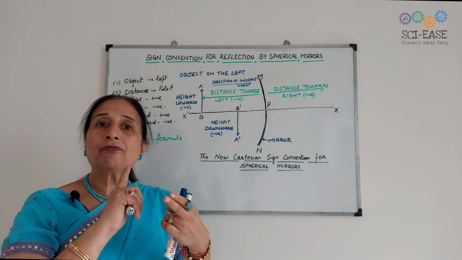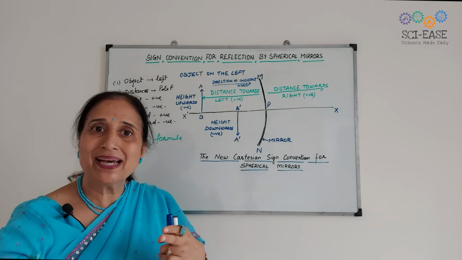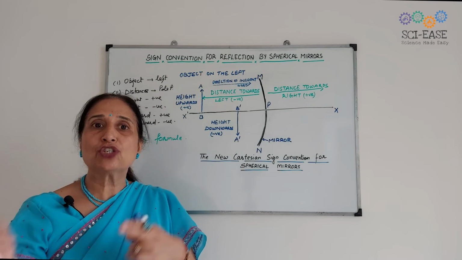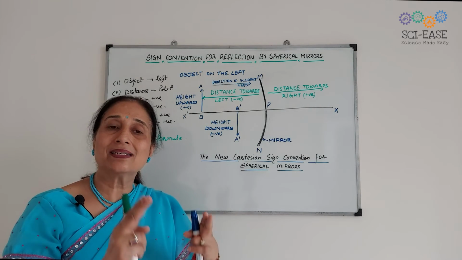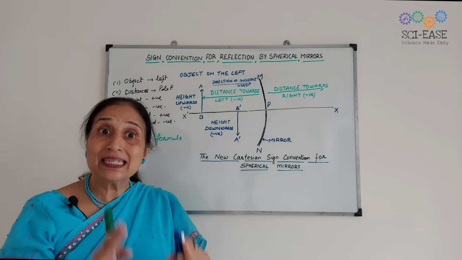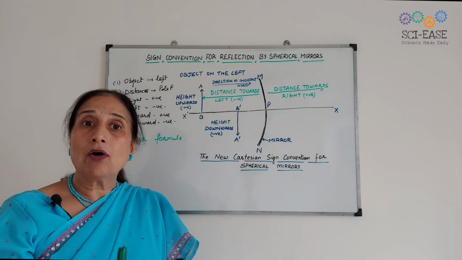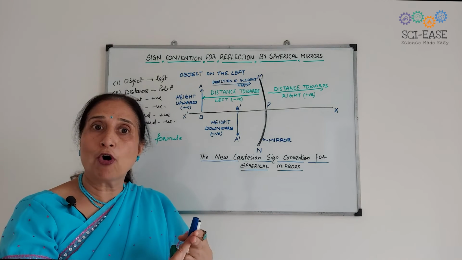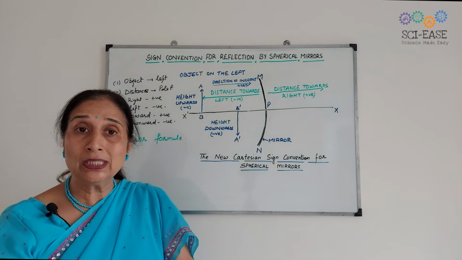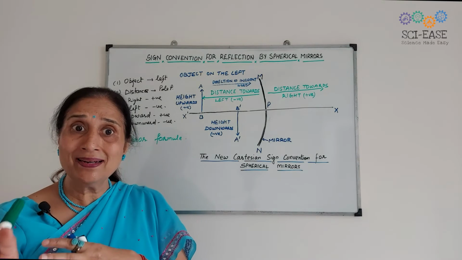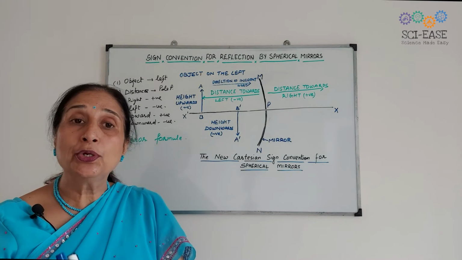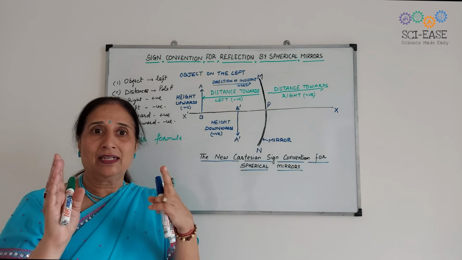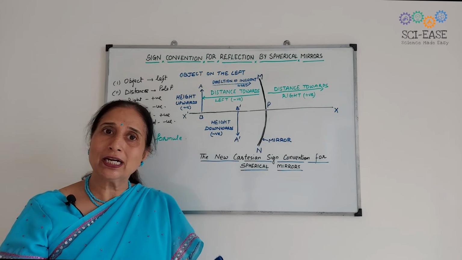Distance of the object from the mirror is u, distance of the image from the mirror is v, and the distance from the principal focus to the mirror or pole is f, the focal length.